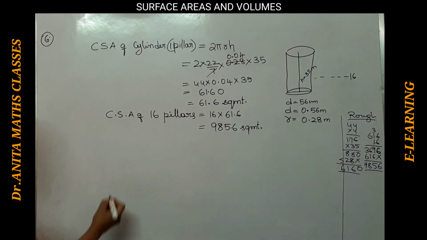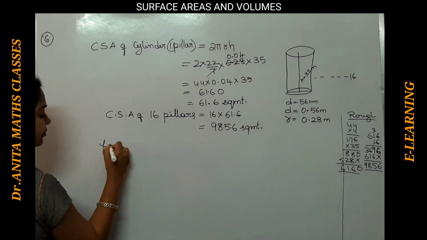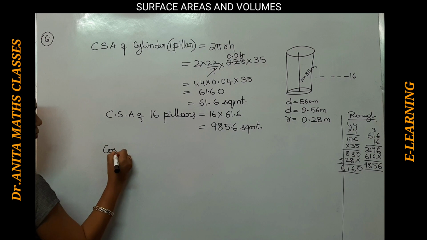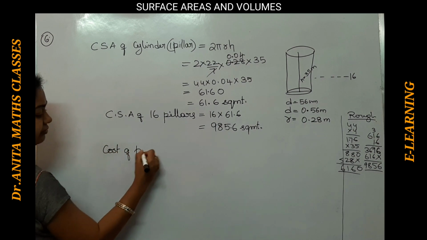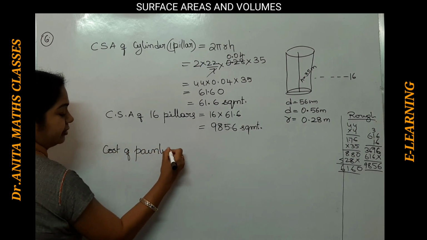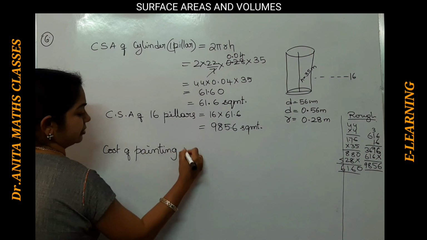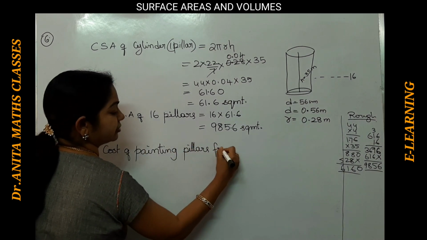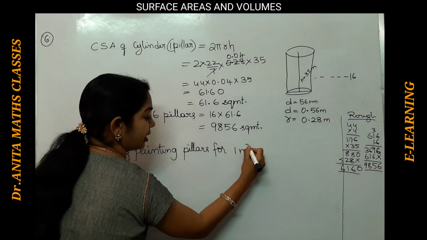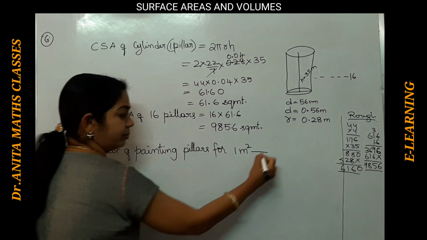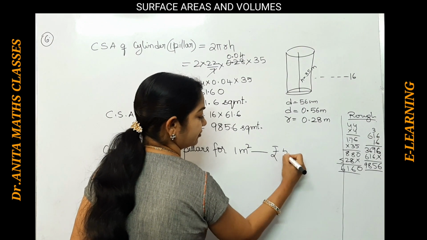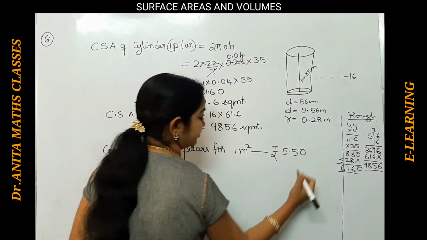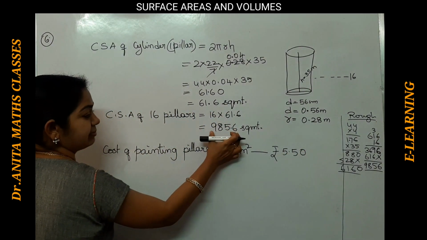Now the cost of painting the pillars for 1 meter square is given as rupees 5 rupees 50 paisa. Now we need the cost for the CSA of 16 pillars.